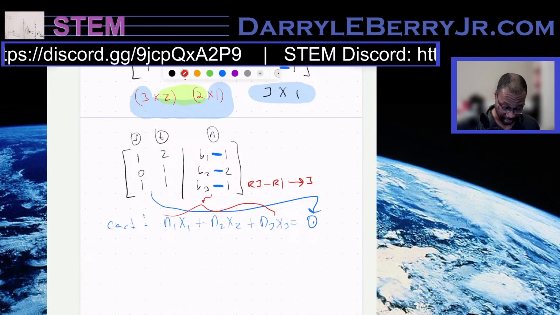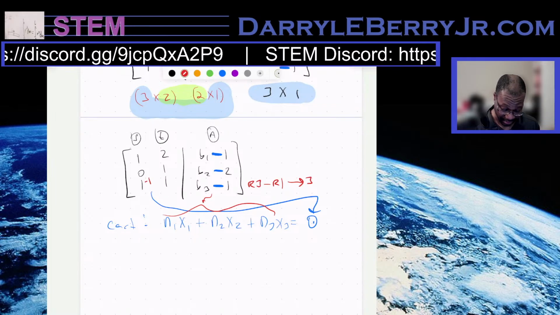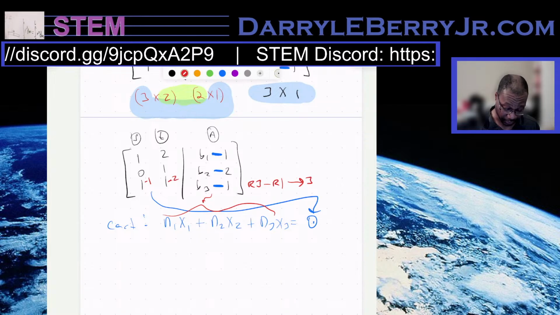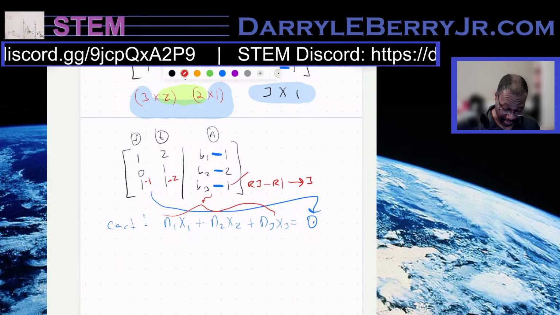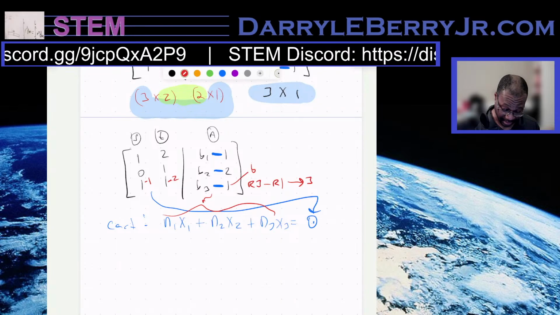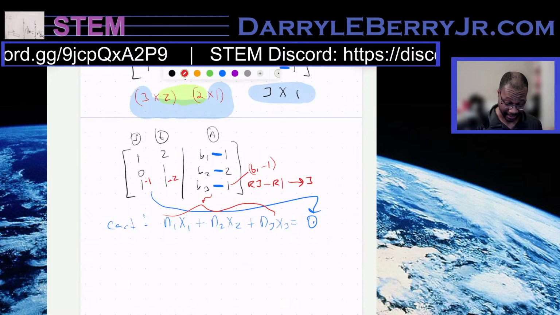So to illustrate, row 3 minus row 1, so there's going to be minus 1. It's going to be minus 2. And this is literally going to be minus v1 minus 1.